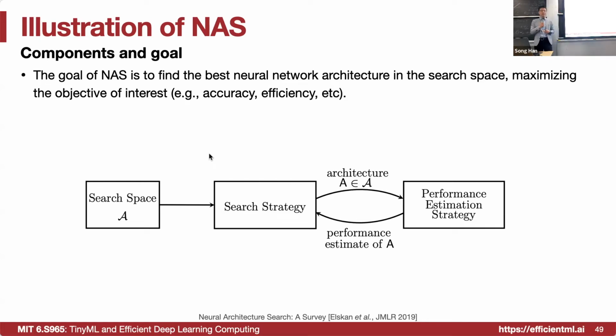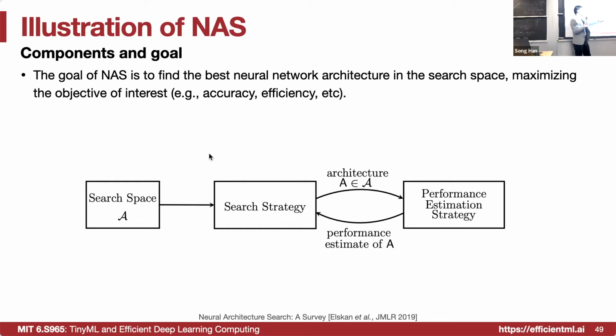For example, the recent language models have 175 billion parameters. Even one GPU cannot fit such a large model. And we also care about the energy, otherwise our phone will soon run out of battery. So those are the performance estimations.